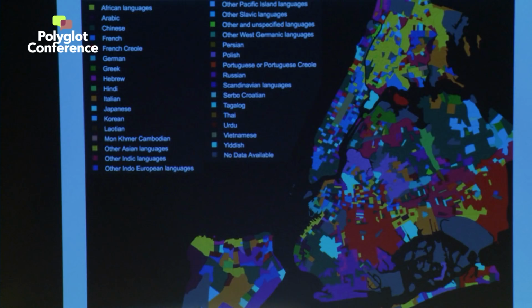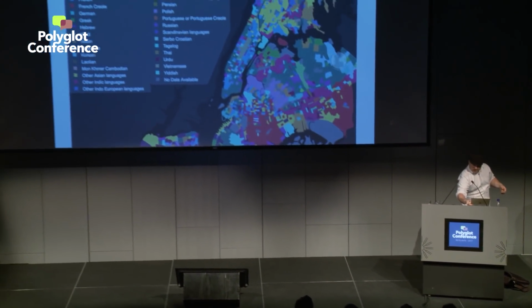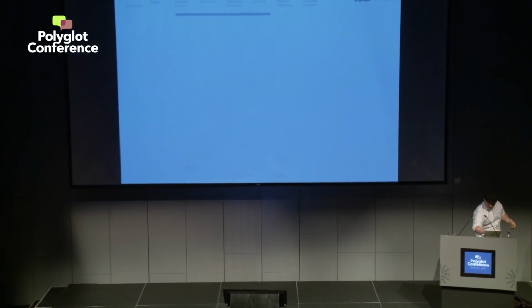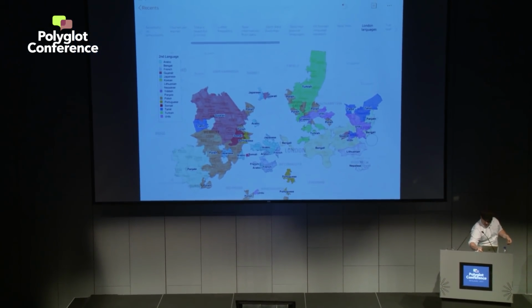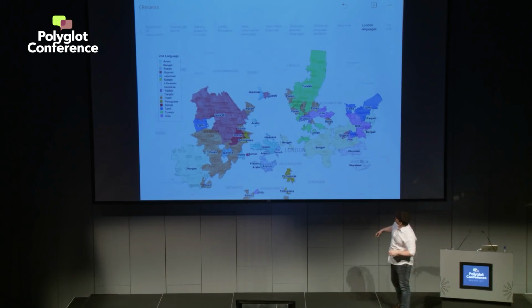Okay, that's New York, but what about London? London, of course, whoops, yeah, there it is. London, what I like is it doesn't have a particular second language that jumps out. These are particular parts. It's kind of hard to make out here because the map isn't showing the river and so on. But you could see which languages are jumping out, and that could paint you a particular picture.